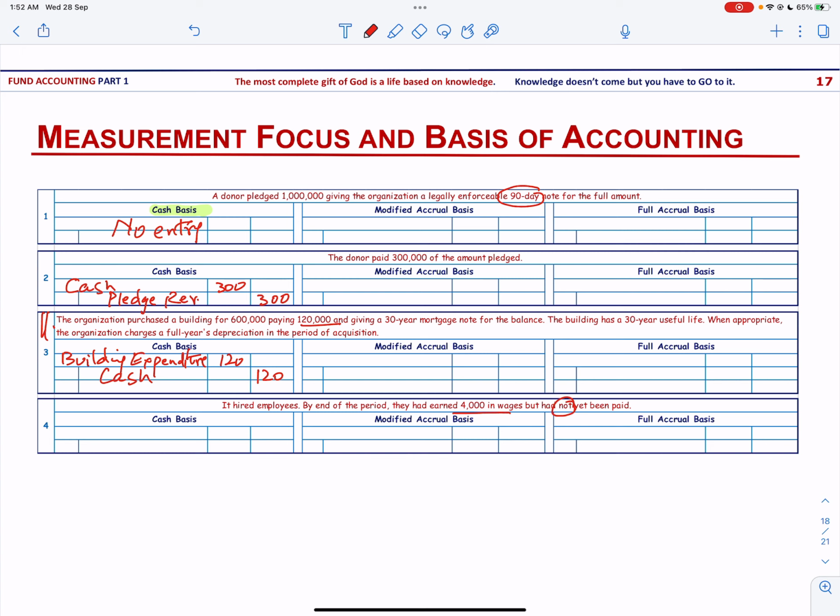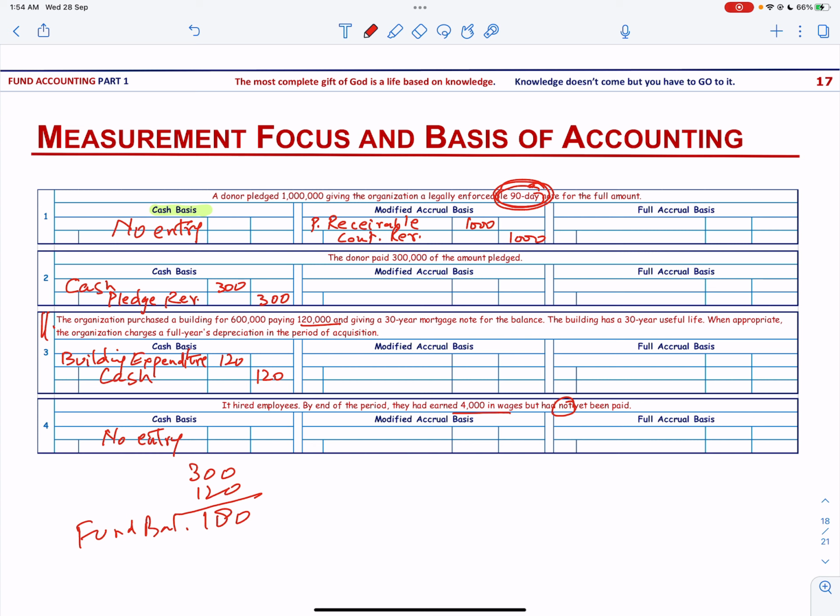So the obligation is enforceable and the government has a receivable, and this is for within 90 days. So that means this is a current asset. So pledge receivable is debit by 1 million and contribution revenue is credit by 1 million.